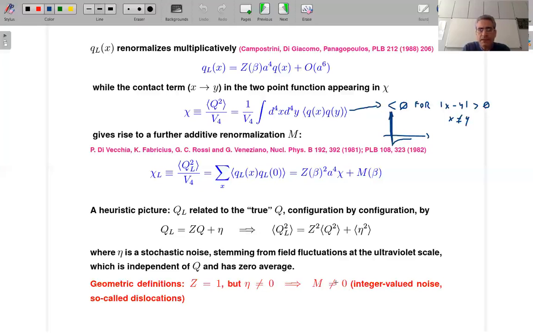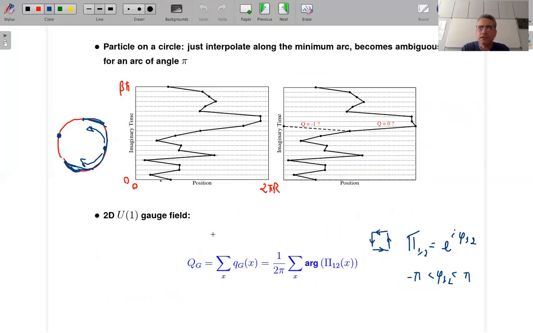But what happens is that you can have a non-trivial noise adding to the true topological background. And this noise comes from the ambiguity that you may have in the geometric definitions. I mean, it's the same sort of ambiguity, translated to the four-dimensional gauge configurations, that you have in the one-dimensional model, like in this case. I mean, you have a large fluctuation at some site of the lattice where you have an ambiguity in deciding whether you are in the 0 topological sector or in the -1.